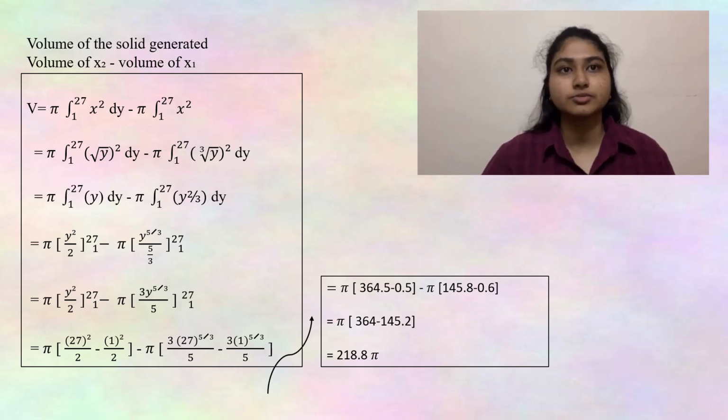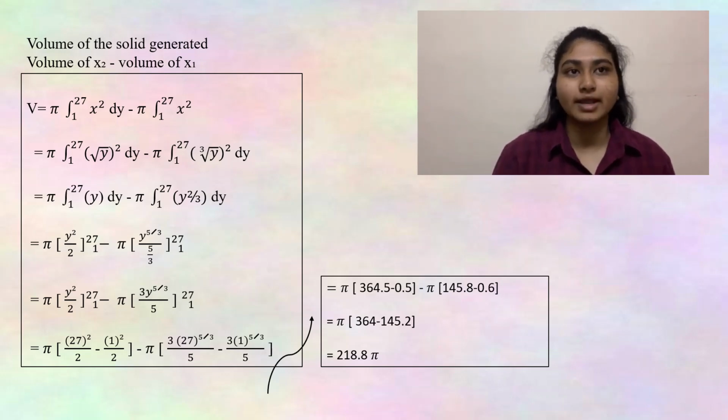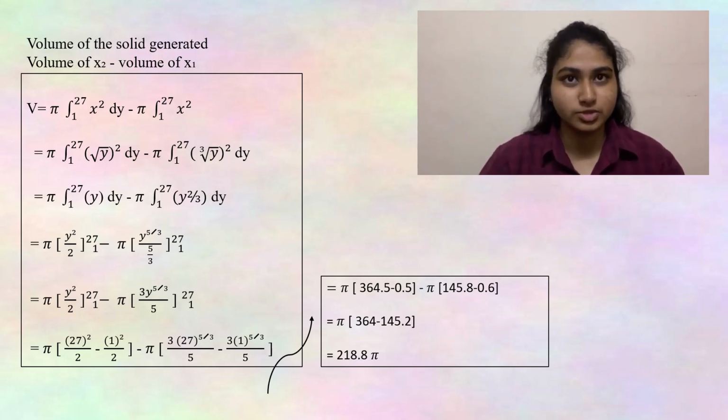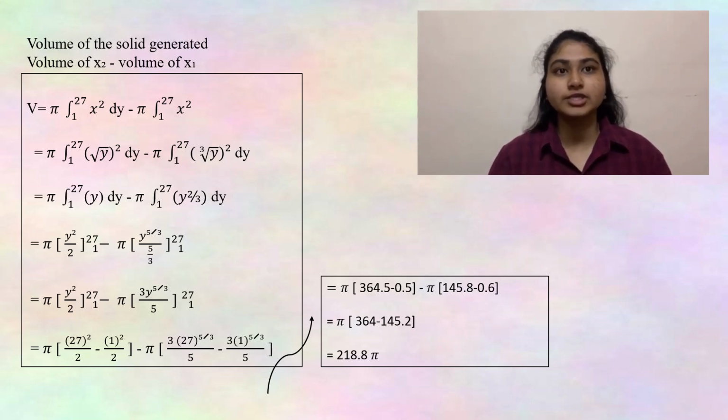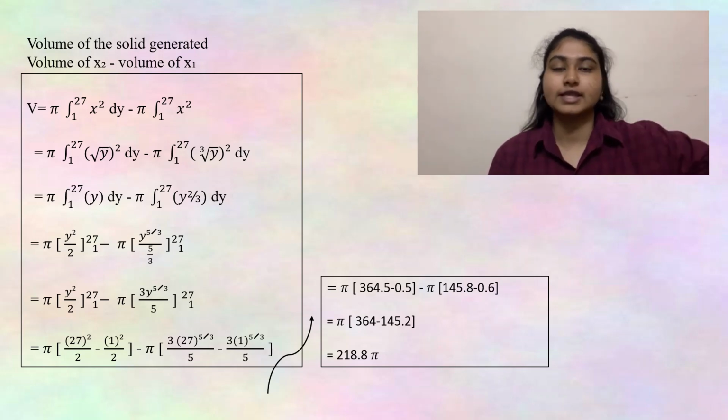So the equation will be y to the power of 5 over 3, over 5 over 3, in bracket limits 1 to 27, and if we solve it, we will get 3y to the power of 5 over 3, over 5, and at the end it will be pi.